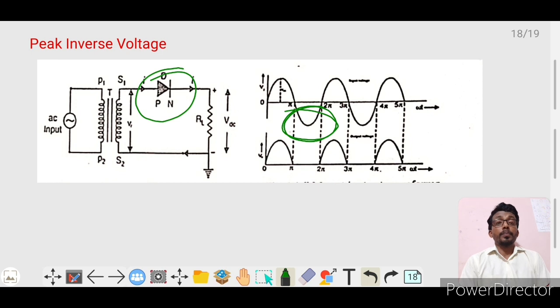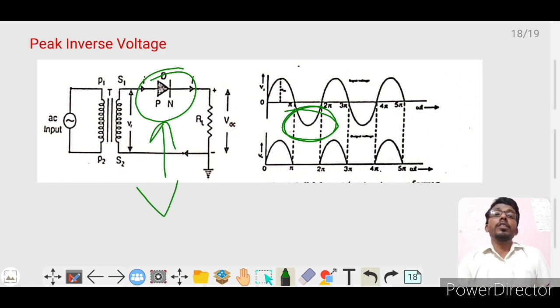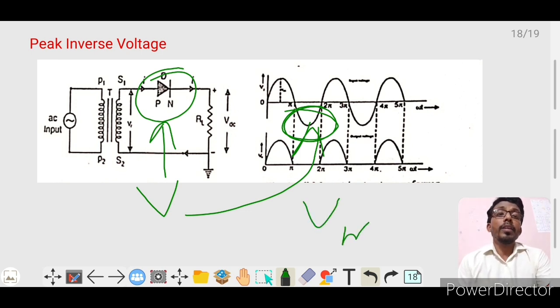So peak inverse voltage means the voltage across this diode when the diode is not conducting. In this half wave rectifier, it is Vm, the maximum or peak voltage of the applied input signal. So this is all about the half wave rectifier.